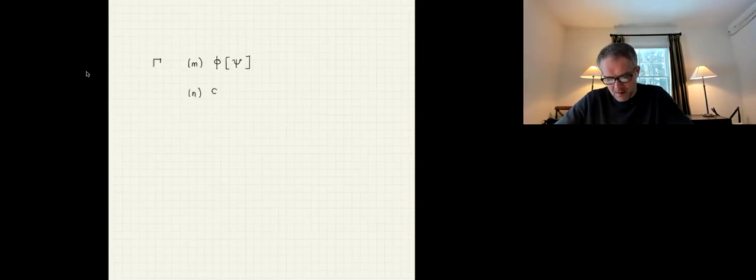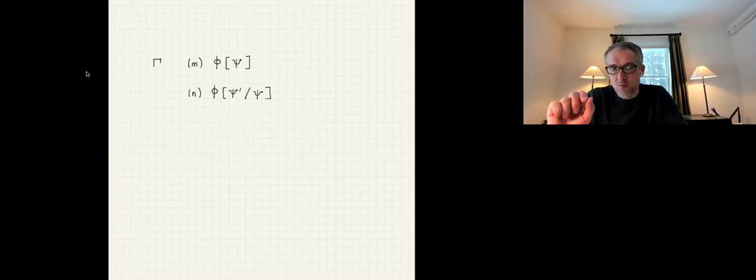Okay, and in a formal proof, if you were using replacement, what you could do is on the next line, line N, you could write the formula phi where an instance of psi has been replaced with some logically equivalent psi prime.